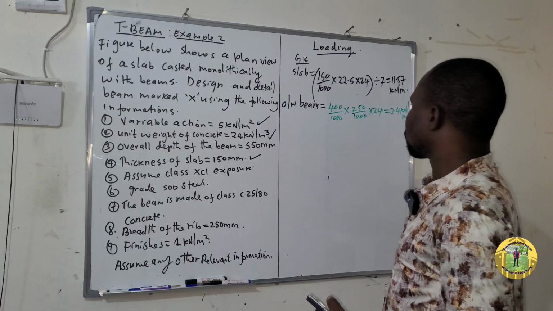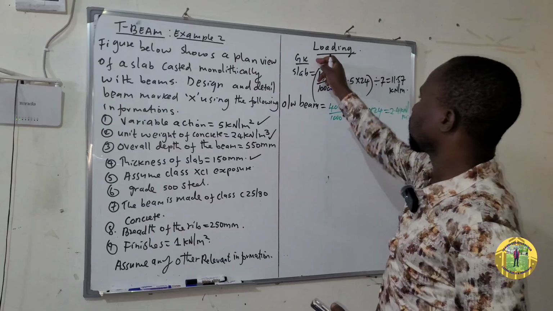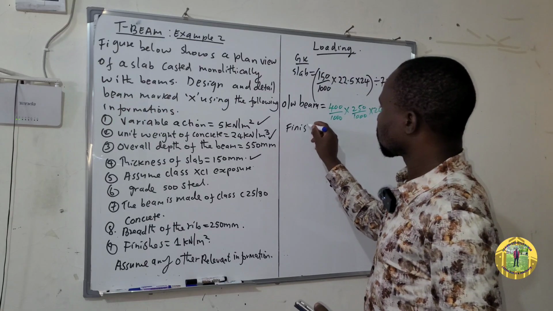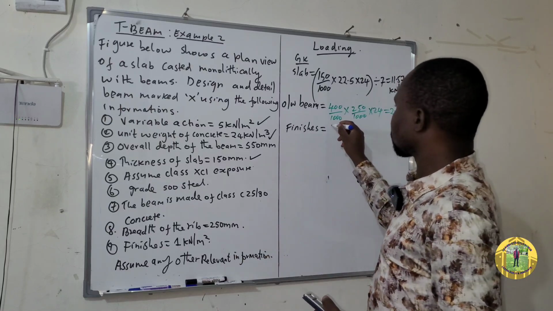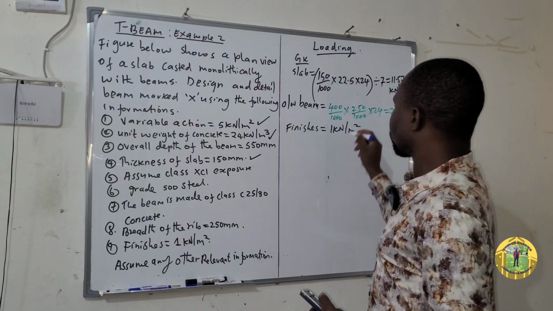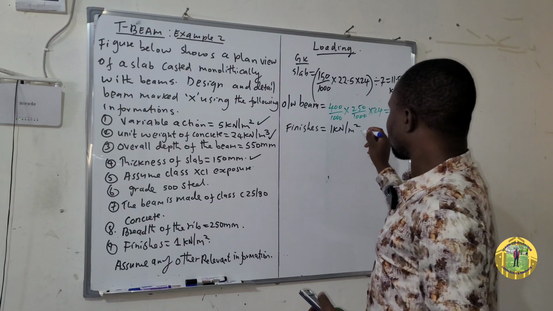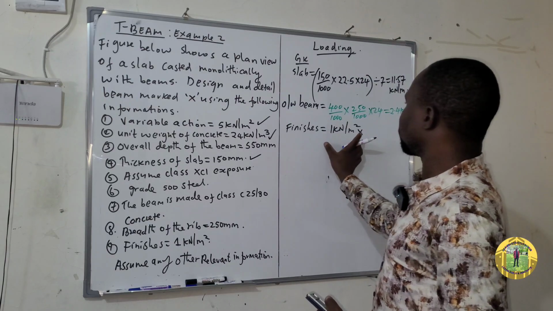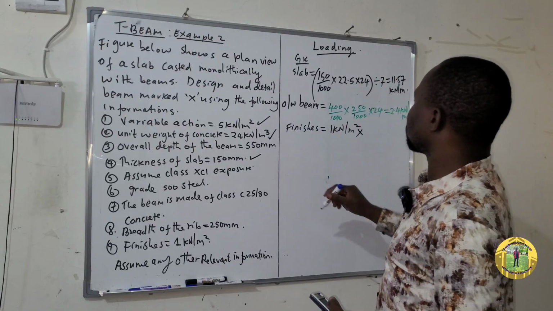We proceed to finishes. Finishes is part of the permanent action. So finishes is equal to 1 kilonewton per meter square. So this one, you will multiply it by the area, because this finishes will be done on the slab, and the area of the slab is 22.5.